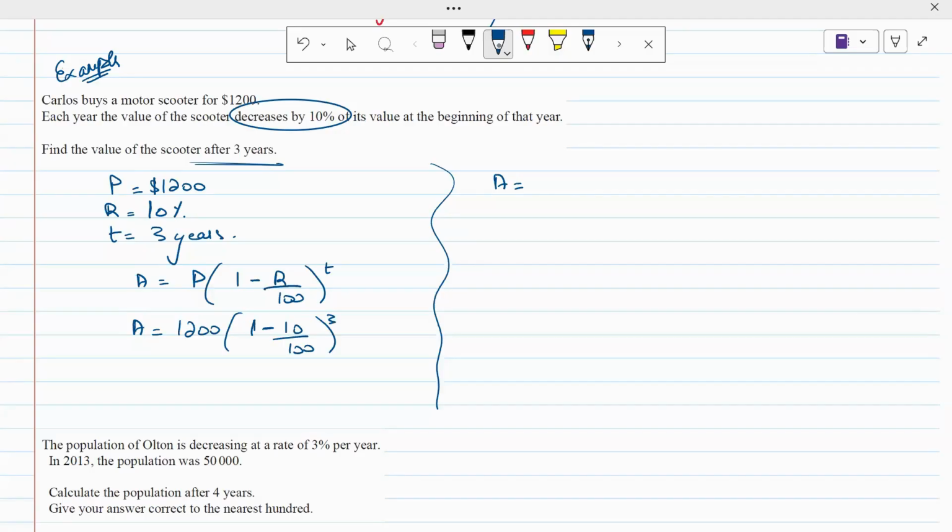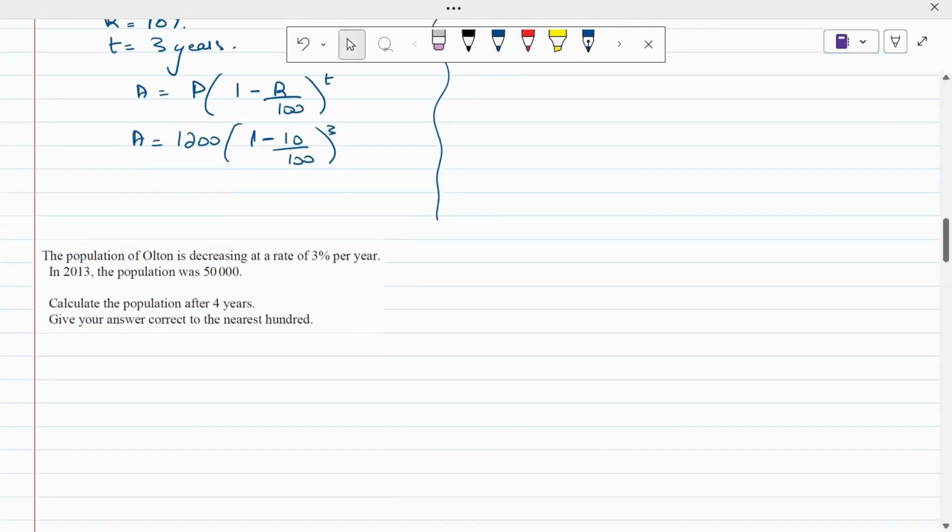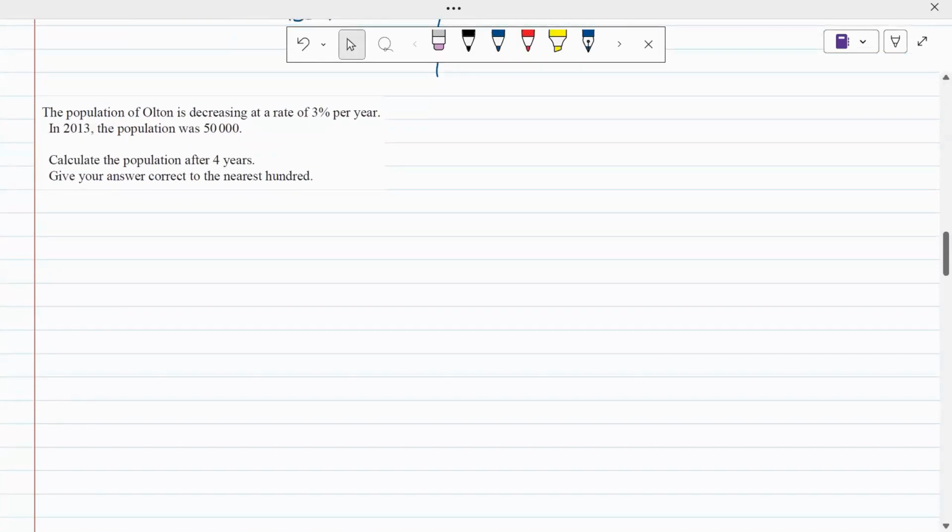We are getting this as 874.8. So $874.8. So this was the example for exponential decay. Let's do another example based on exponential decay.